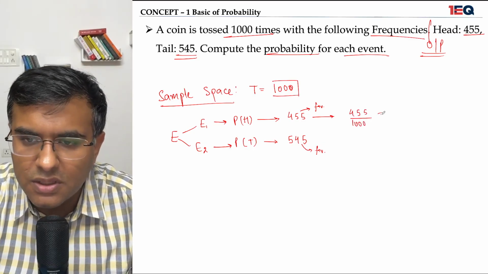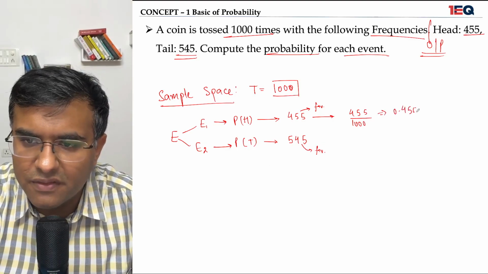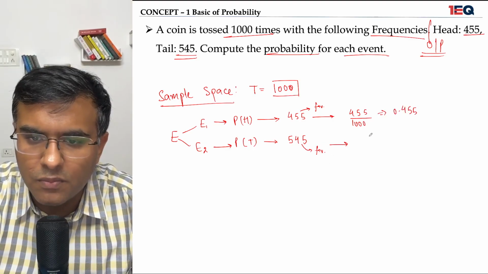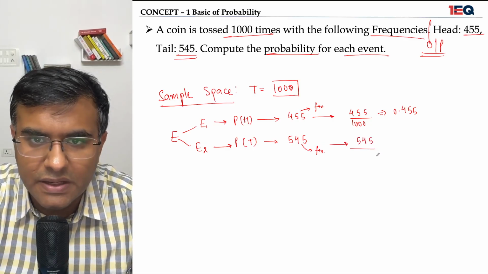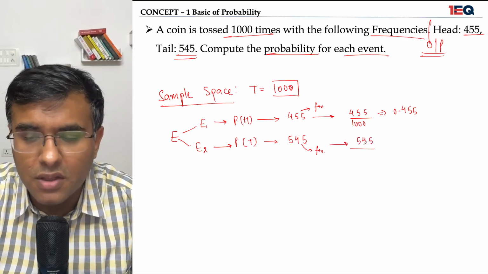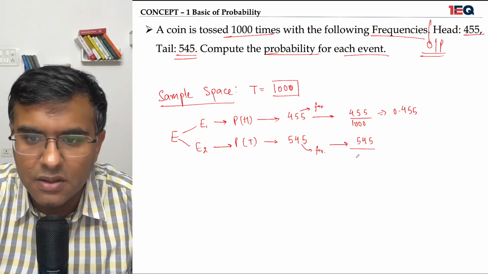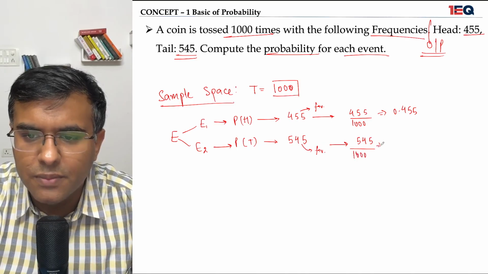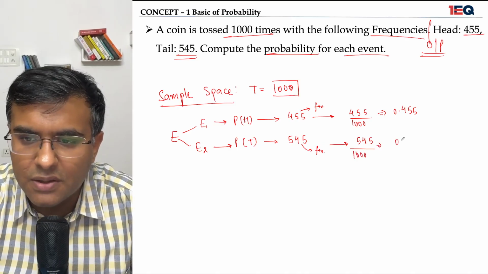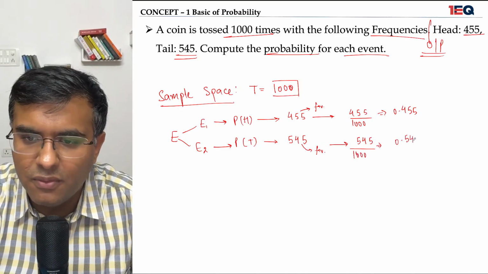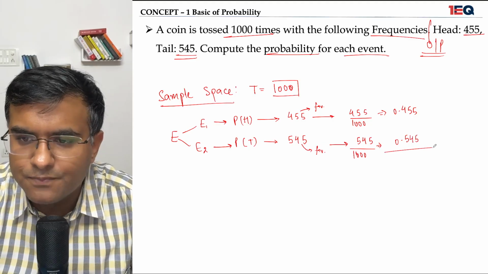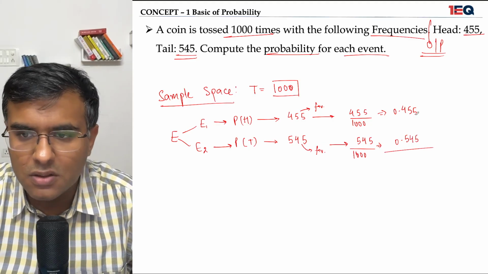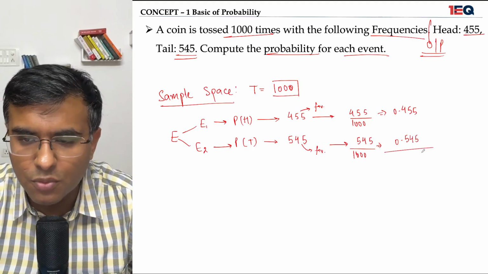So the answer over here is 0.455. Similarly, here 545 is the number of times the favorable event has occurred, divided by the total number of tries which have taken place, which is 1000. So 545 divided by 1000 would be 0.545.